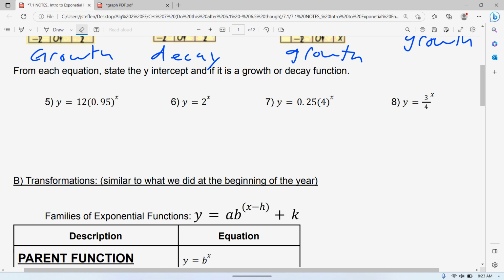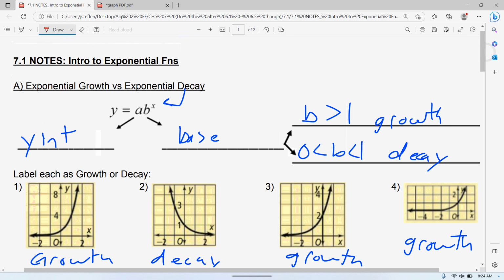That's our y-intercept. So these next ones, state the y-intercept, and if it's growth or decay. It's 12. The base, again, we talked about earlier. It's a growth.